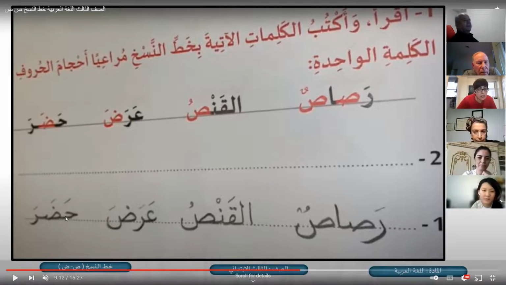Hadara. Very good, wonderful. This is a ha, and you remember if we had a dot on top, then it's a kha, and if they had a dot on the bottom, it would have been a ja. Okay, and this letter is a dad, and you notice this rakza, which is a part of that letter.